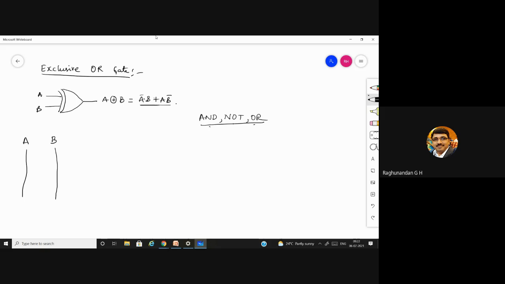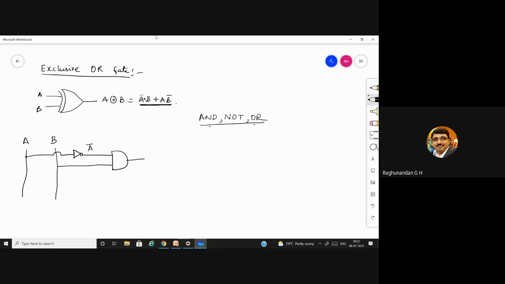So for this equation, we need to write the circuit. We are having A bar. So we'll take one line from A, pass it through the NOT gate. When you pass it through the NOT gate, what will be the output? It will be A bar. Next, B. I'll take B. Between A bar and B, what is the operation that is being done? Multiplication. For multiplication, we are going to use AND gate.